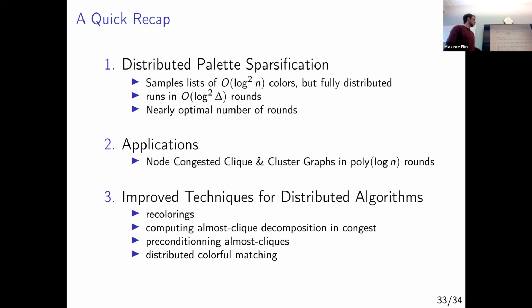Right. So let's just recap quickly. We have a distributed version of the Sparsification theorem, which uses slightly more colors. It's not really a big deal for the applications. And it runs in polynomial Delta, which is nearly optimal for what we're trying to do.